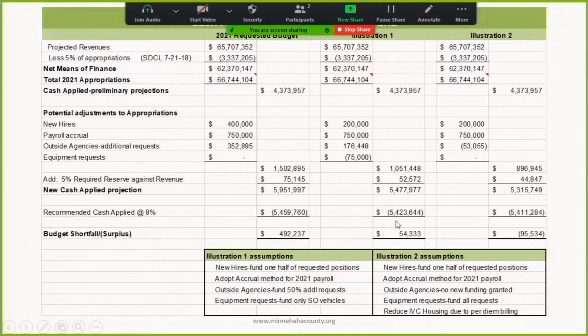So these illustrations all do assume the 8% level, and so again, depending on what level of funding you choose to provide in any of these areas, or if there are other adjustments that you'd like to consider. We've talked about adjusting the ambulance funding a little bit. Any other considerations you would like to factor in, we could add those as well.